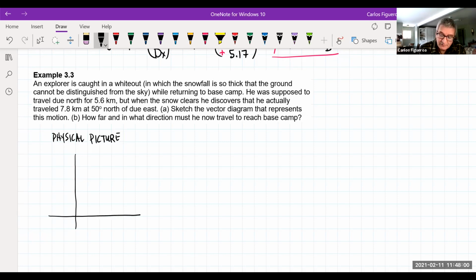So it says here, he was supposed to travel due north for 5.6 kilometers. So in other words, he had a resultant that he was trying to do. His goal, let's say, is to travel this length right here.